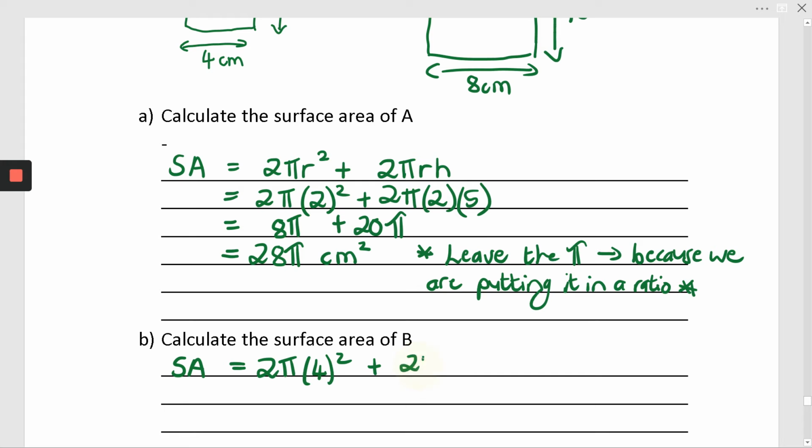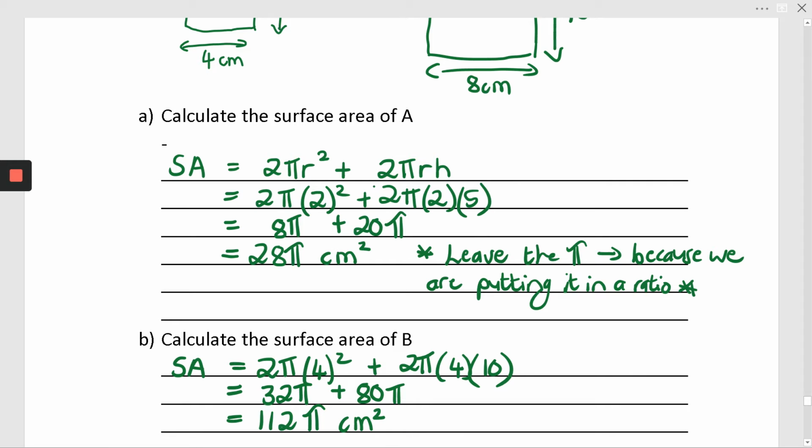And here where I've got 2 pi rh, my r is now 4, and my h is now 10. Okay, when I get those into the calculator, I end up with 32 pi plus 80 pi. Right, so that gives me 112 pi, and I'm going to put my units back, which is centimeters squared.